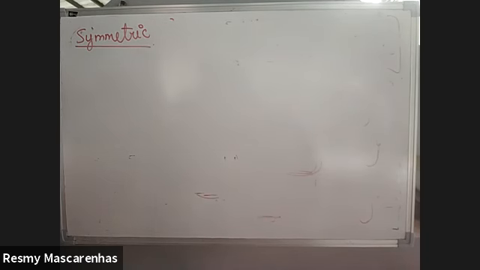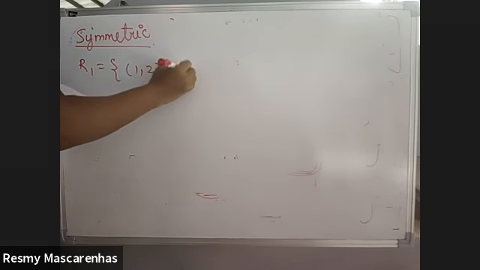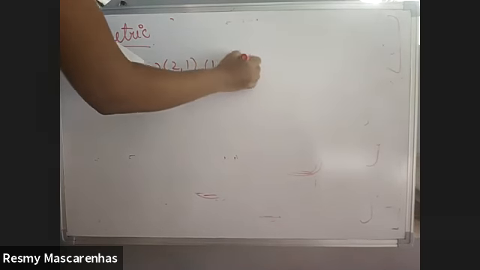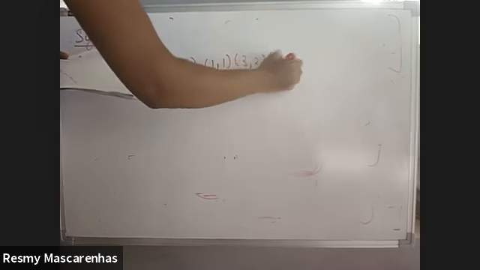Okay, the second one would be symmetric. Now, first example, R1 is 1 comma 2, 2 comma 1, 1 comma 1, 3 comma 2, 2 comma 3.